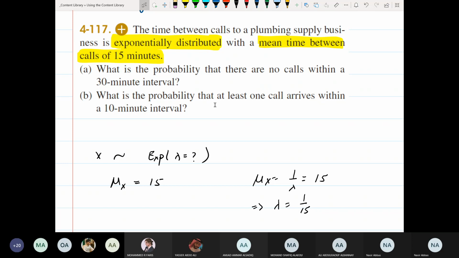What is the probability that there are no calls in a 30 minute interval? Now, what is the question here?